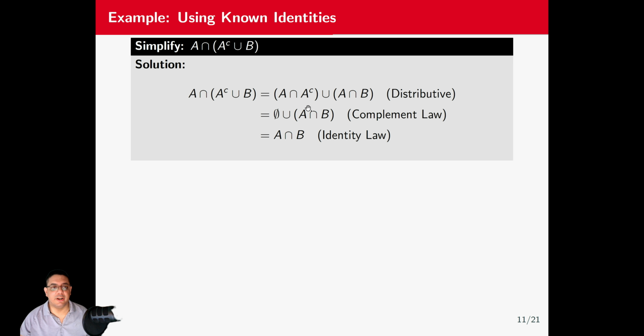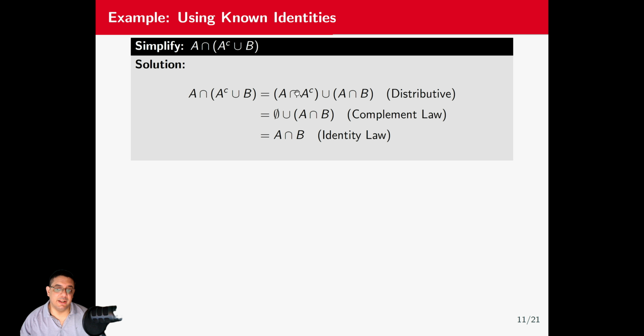Now, let's do another example with properties. Let's simplify A ∩ (A' ∪ B). This is about using the laws that we already know. If I have A ∩ (A' ∪ B), I'm going to use the distributive law, and so I get (A ∩ A') ∪ (A ∩ B).